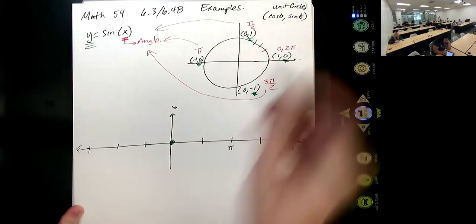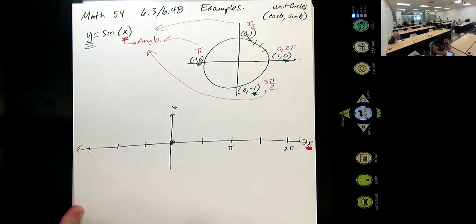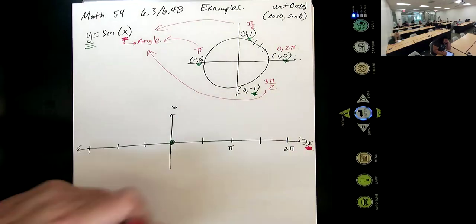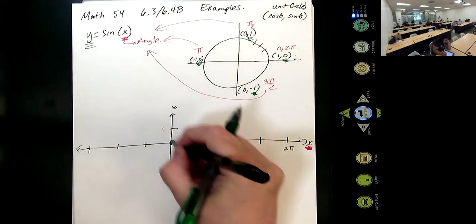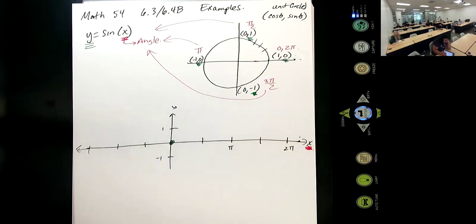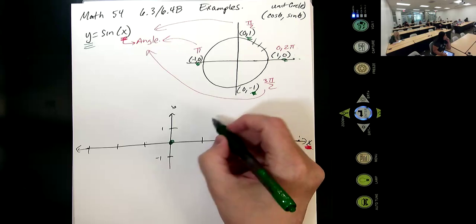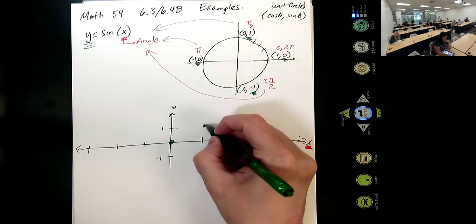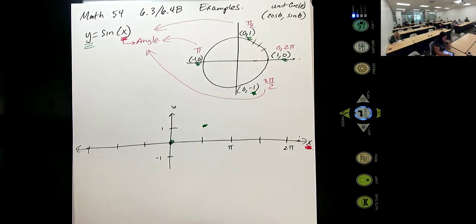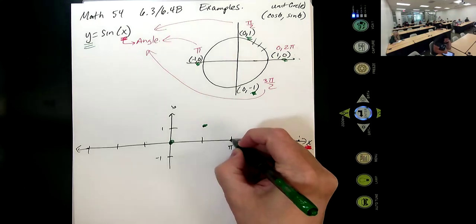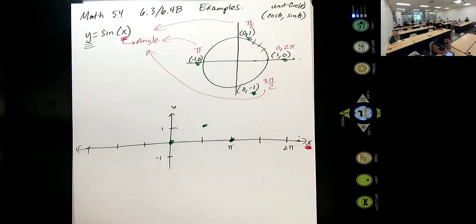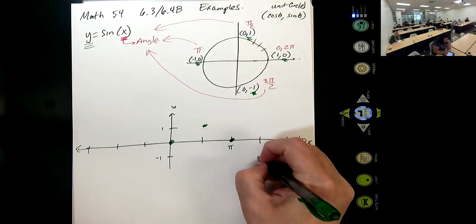So we're right there. When x is pi over 2 radians, I need a vertical component of 1 and -1. When x is pi over 2, our angle, y is 1. When x is pi, y is 0 again. When x is 3 pi over 2, we're at -1.